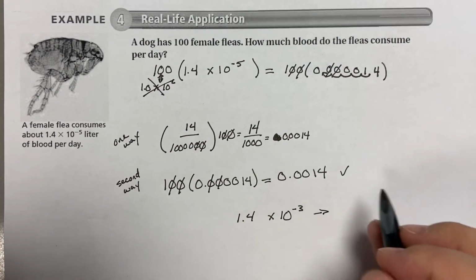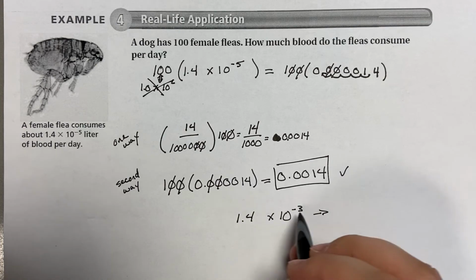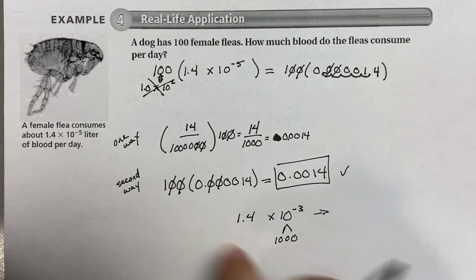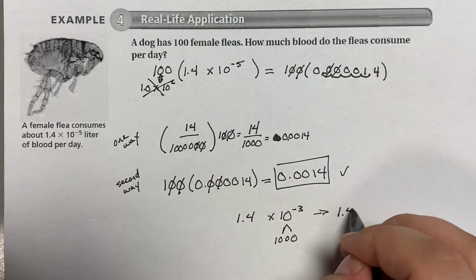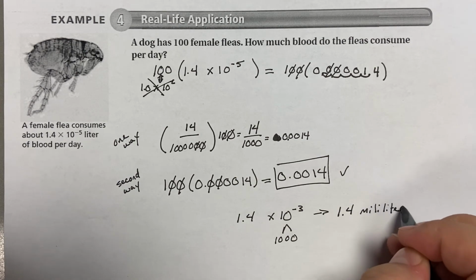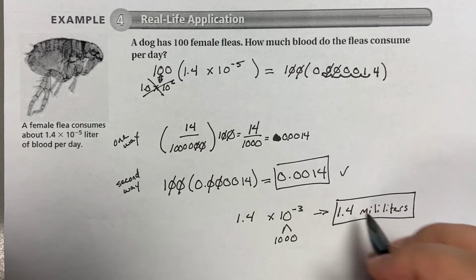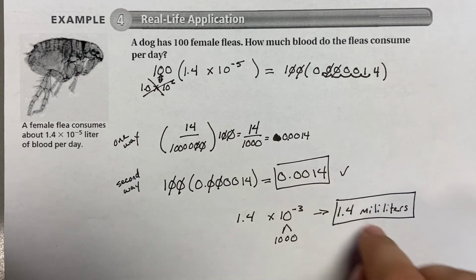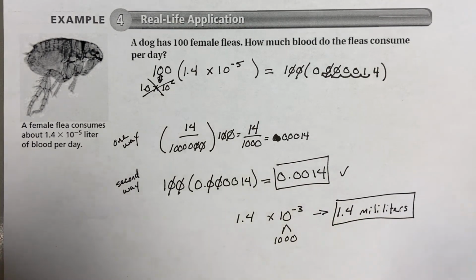So if you went that far, you could have just stopped here. That's fine. This is just a conversion. This is 1,000 small, so it's milli, and then 1,000 for liter. We get 1.4 milliliters. So these are the same answer: 0.0014 liters or 1.4 milliliters.